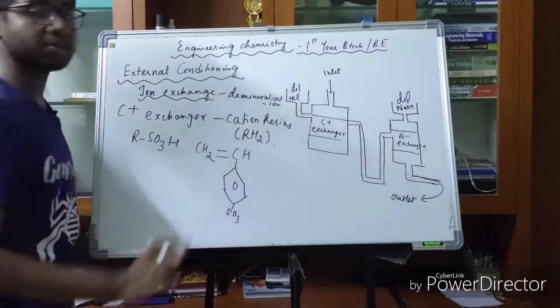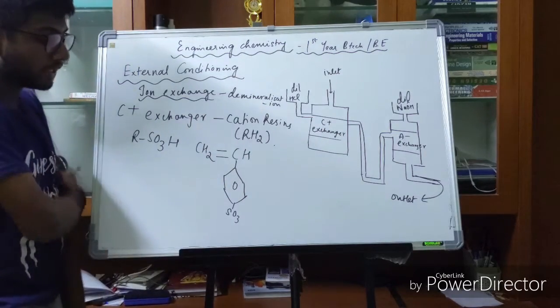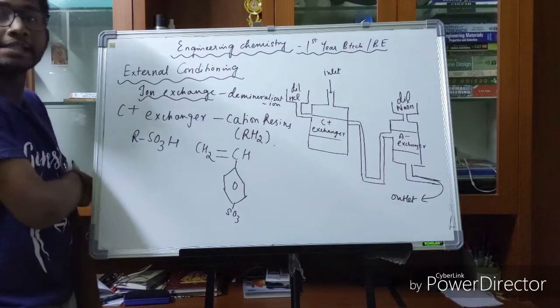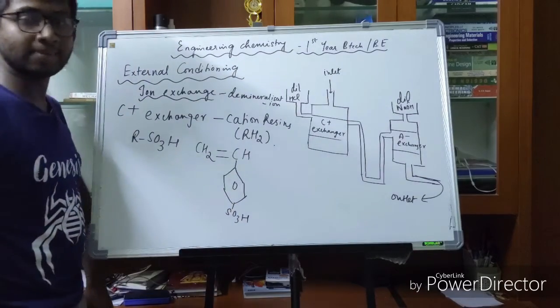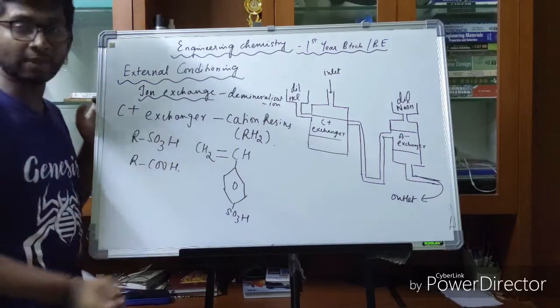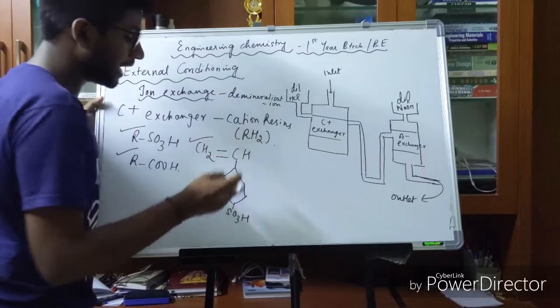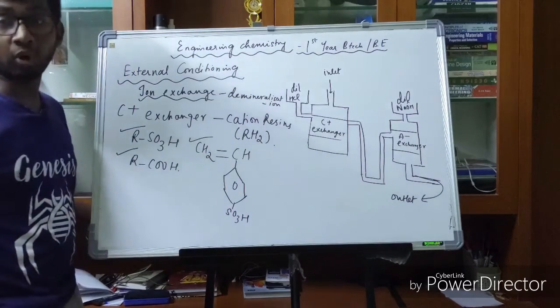So now you know that this is supposed to be styrene. Okay, this is styrene, but one hydrogen atom of the benzene in styrene has been replaced by SO3H. And then you'll be having RCOOH as well. RSO3H, RCOOH, and then you'll be having ring SO3H in the styrene molecule.